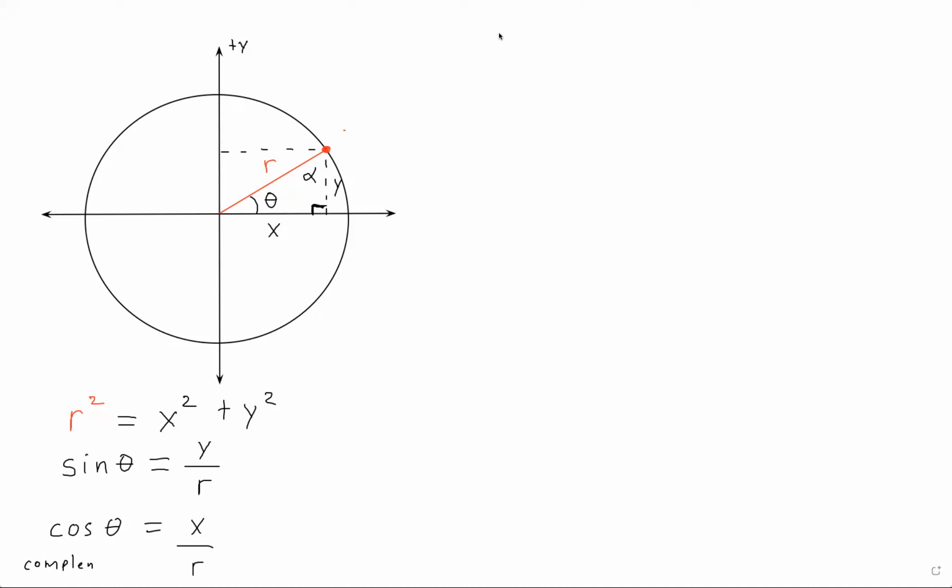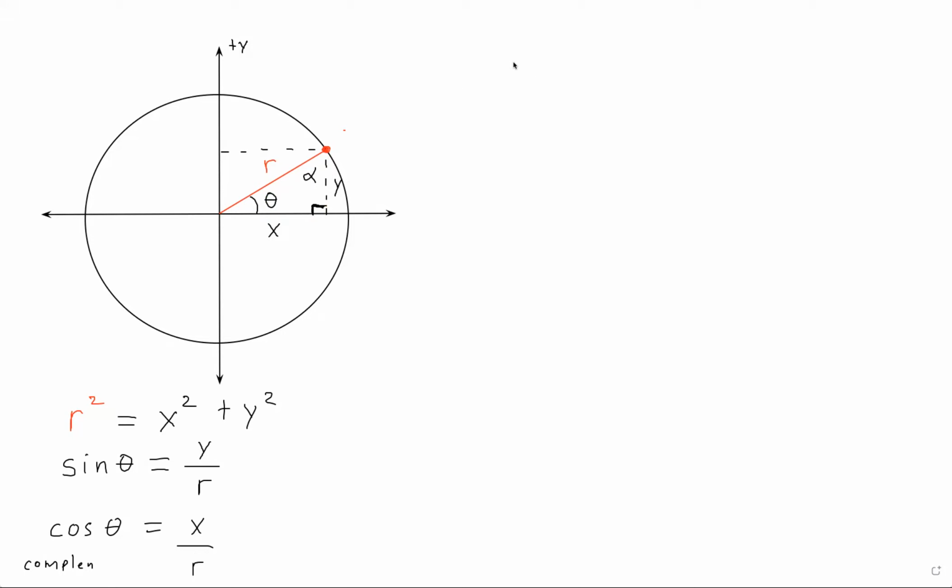So since this side here is adjacent to this angle, that's the adjacent side. And of course, this side is going to be opposite of that angle. It's the side opposite to the angle.